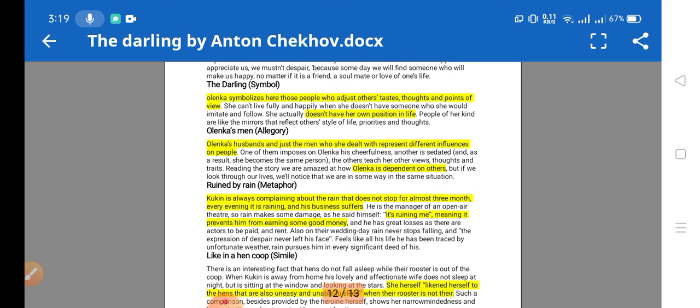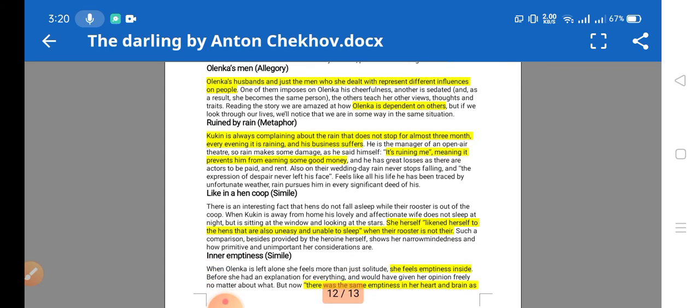Olenka symbolizes those people who adjust to others' tastes and opinions, having no interests or opinions of their own, no thoughts or point of view. She cannot live fully or happily when she doesn't have someone whom she can imitate or follow, and she actually doesn't have her own position in life.